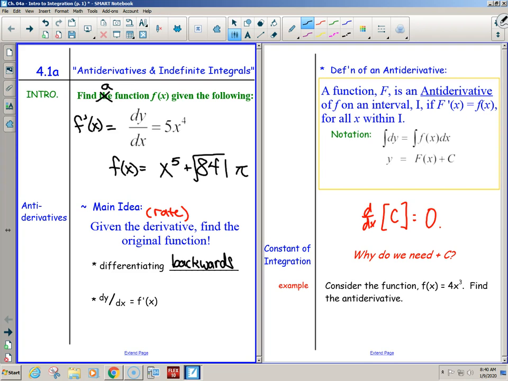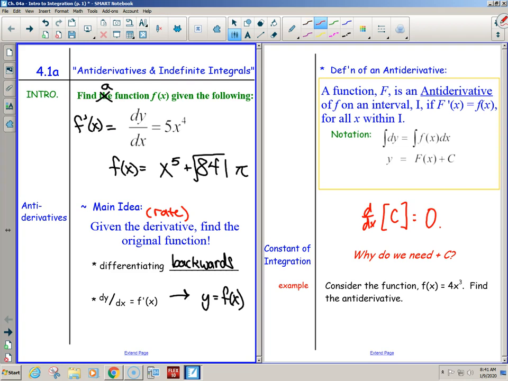The opposite of deriving, in some senses, not opposite as in negative, but opposite as in inverse, as in going back, undoing. It's much more of an inverse relationship than an opposite relationship, speaking mathematically. But differentiating backwards: looking at a dy dx, looking at an f prime of x, looking at a rate, and trying to go back to who was the original.